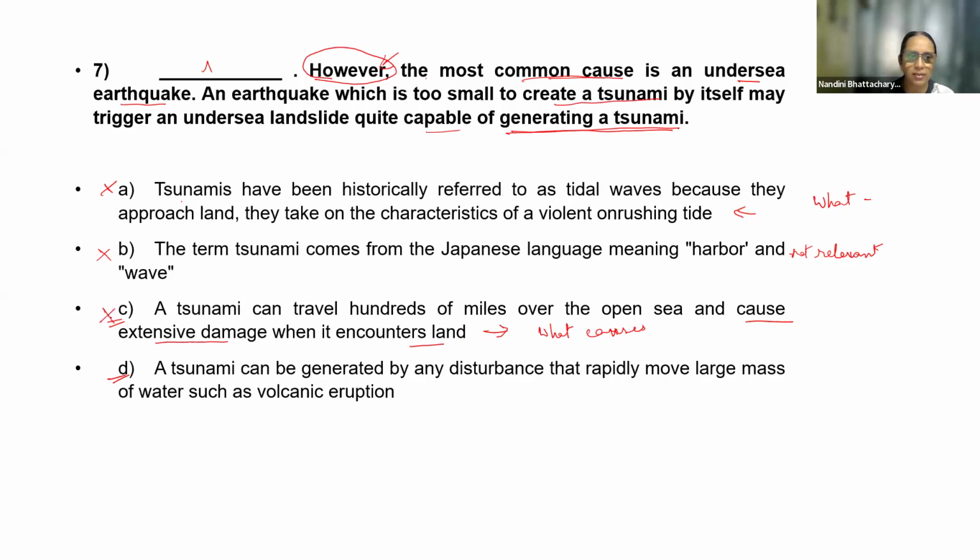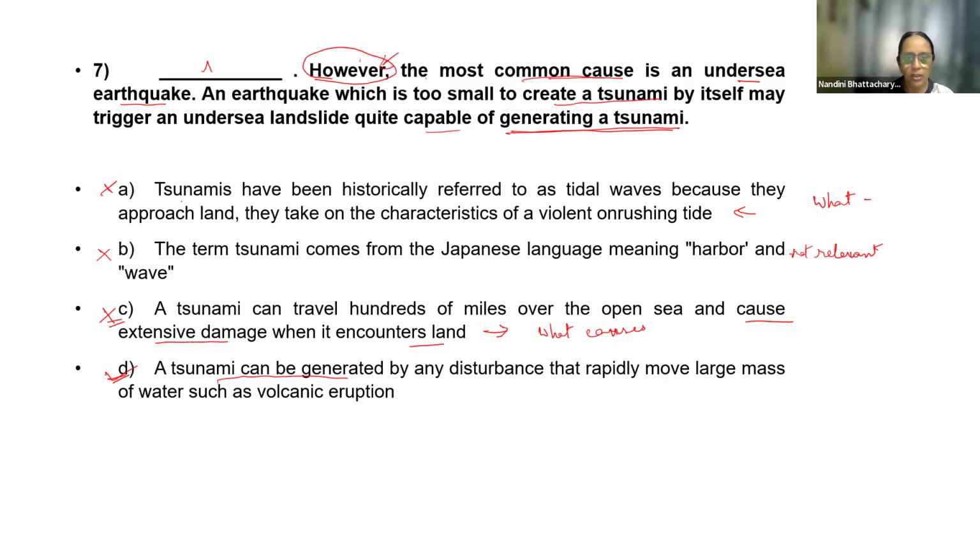So we can eliminate C. So we have D as the answer, which says a tsunami can be generated by any disturbance that rapidly moves a large mass of water, such as a volcanic eruption. So a tsunami can be generated because of something. That will be your opening sentence. And then it goes on to, however, there are other causes.